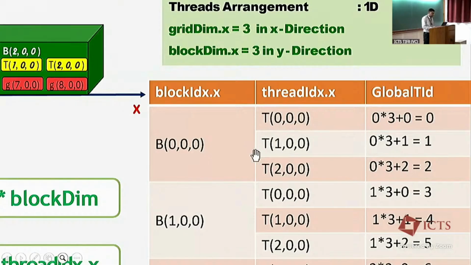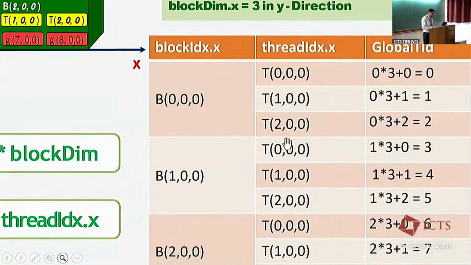Then again for T100, the same thing: block ID 0 into block dimension plus thread ID. Here in the x direction we have 1, so 3 into 0, plus 1, that is 1, is the global ID for T100. Then for T200, we applied the same formula and 2 is the global ID.